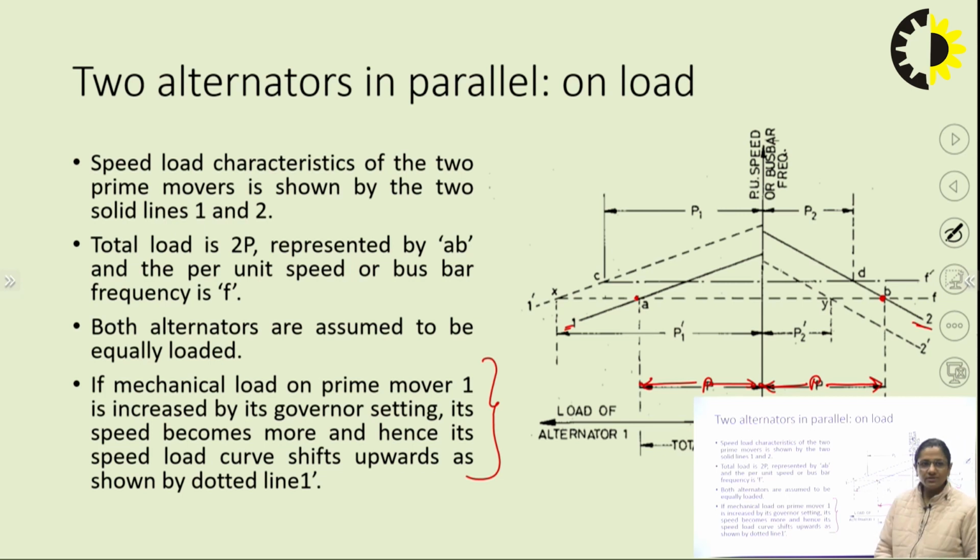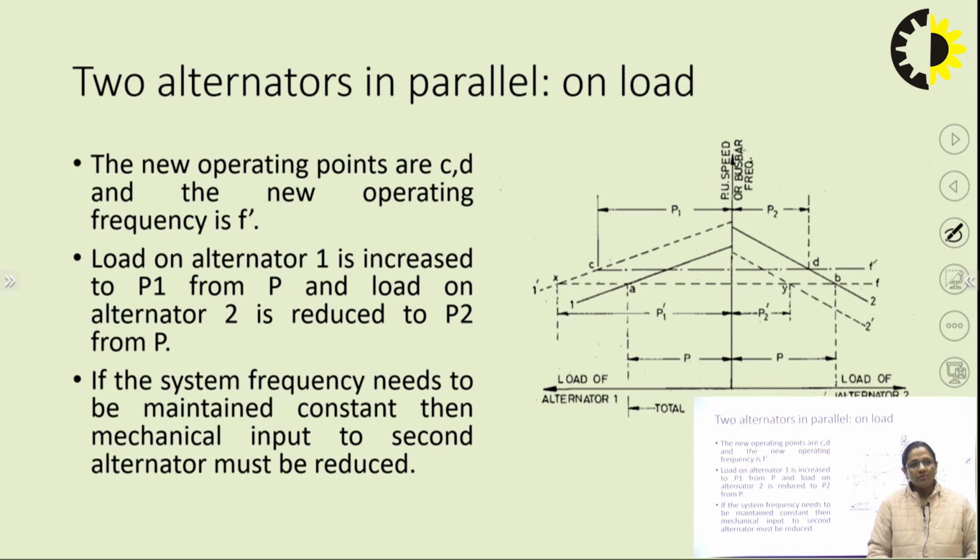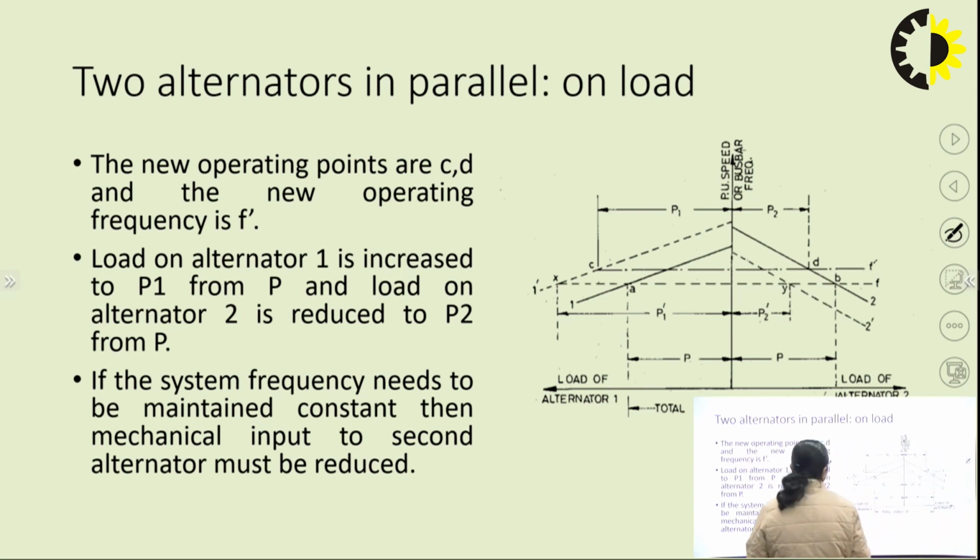Because of this, the speed becomes more and hence its speed load curve shifts upwards, and this upward shift in the speed load curve is represented by curve 1 dash in this diagram. The new operating points can be seen as C and D.